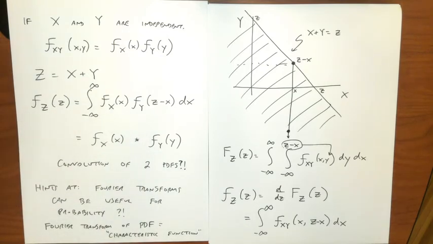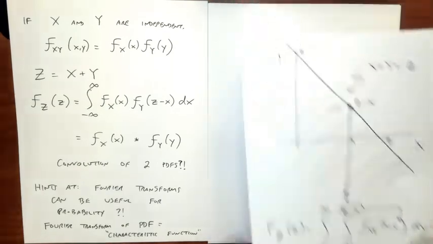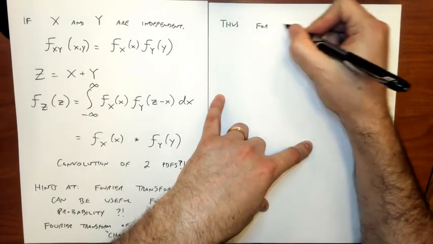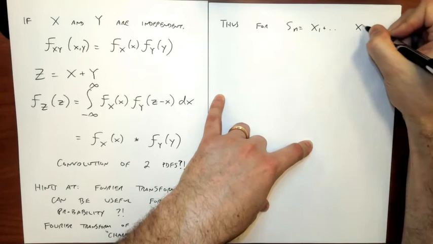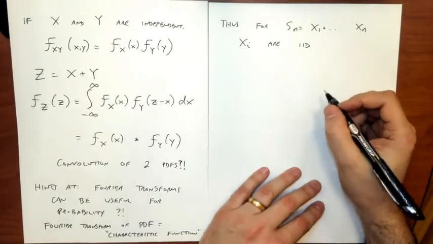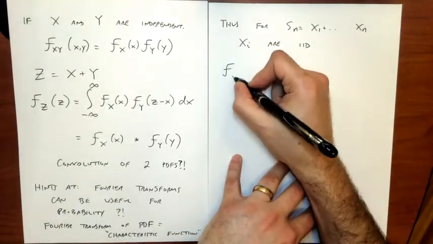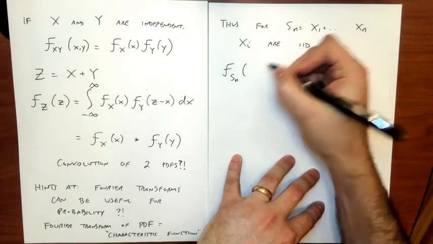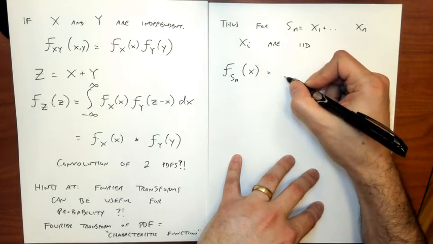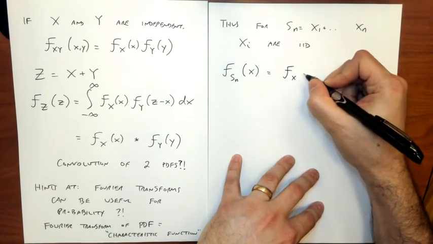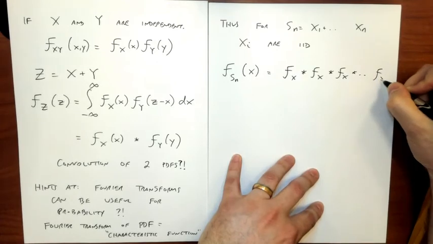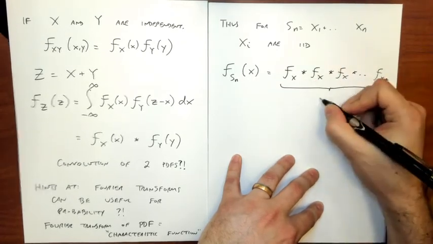What does that mean? If I come back to the sum of a whole bunch of random variables, and these xi's are IID, then the PDF of this thing is basically the convolution of x with itself, n times.